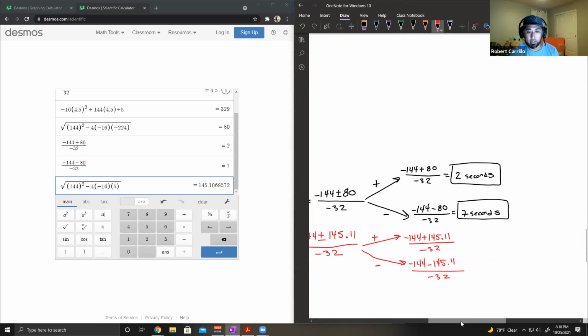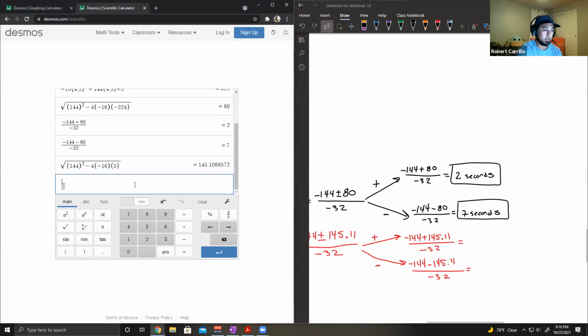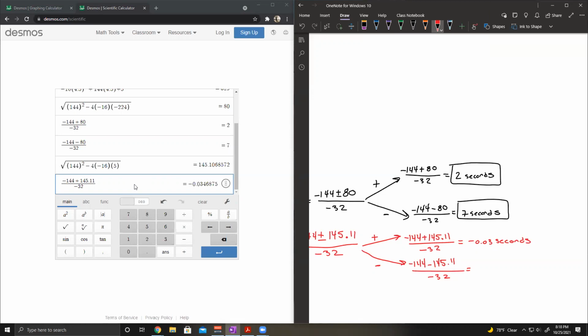All right, let's see what we get. Desmos a go-go, right? Negative 144 plus 145.11 over negative 32. Here, you get negative 0.03 seconds. What's wrong with this answer? Can time be negative?